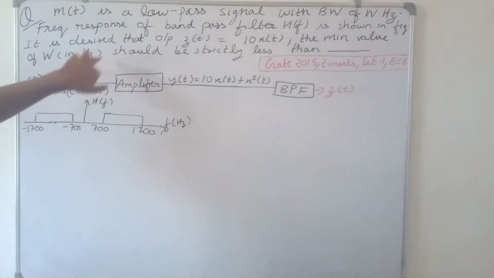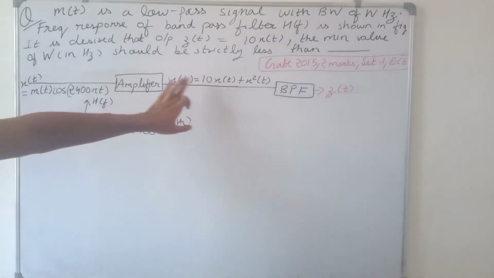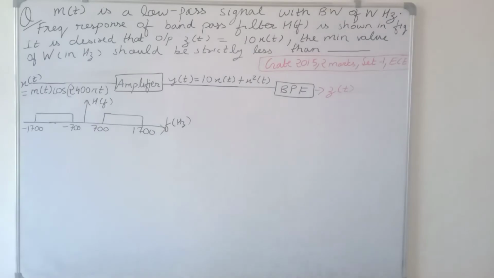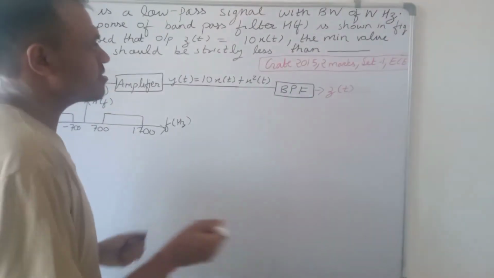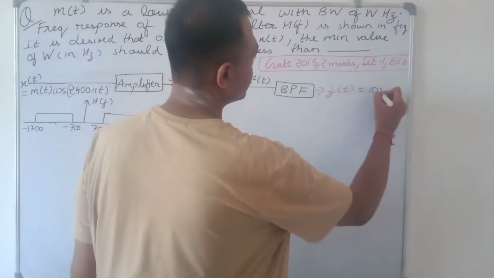So this is an amplifier. Now the amplifier is connected to a band pass filter, and the output of the amplifier is 10x(t) plus x square(t). And in z(t) we desire z(t) equal to 10x(t).